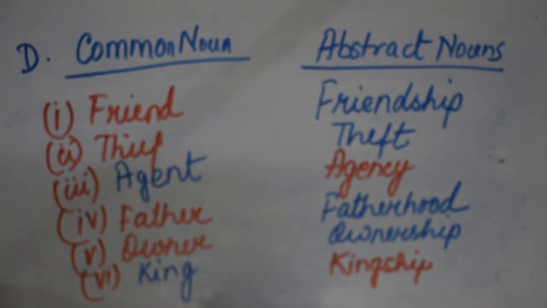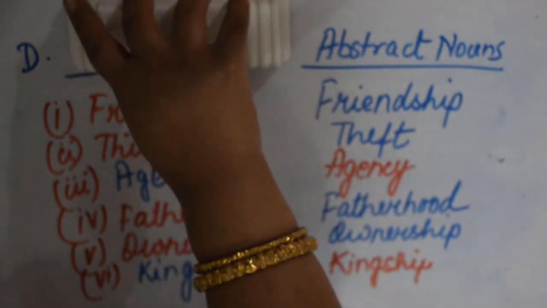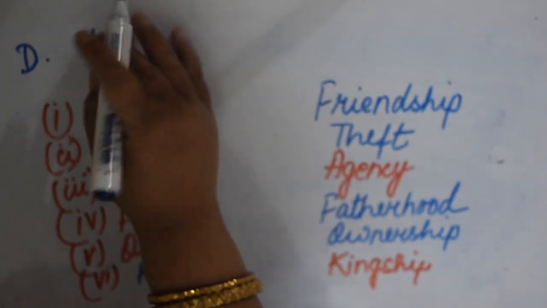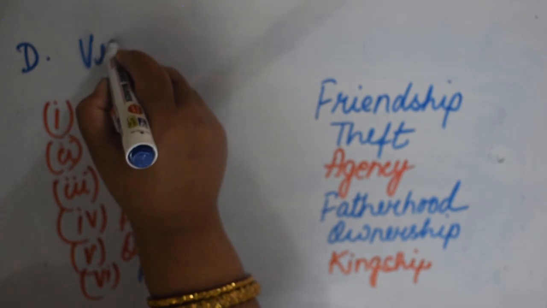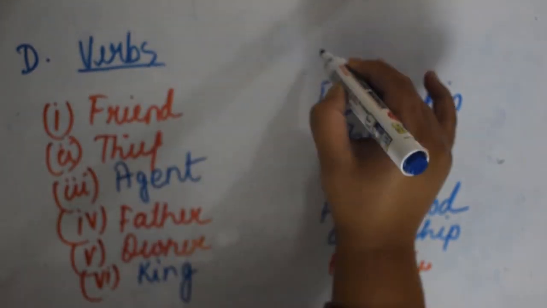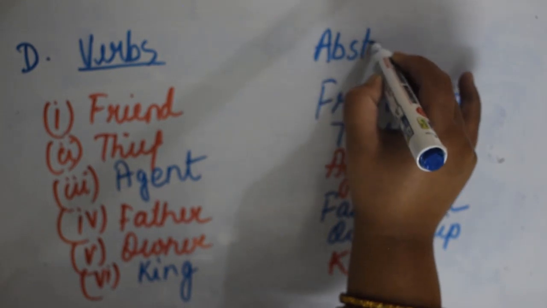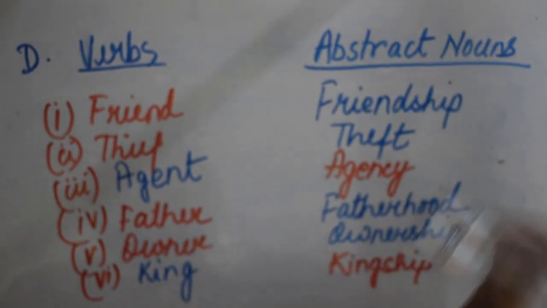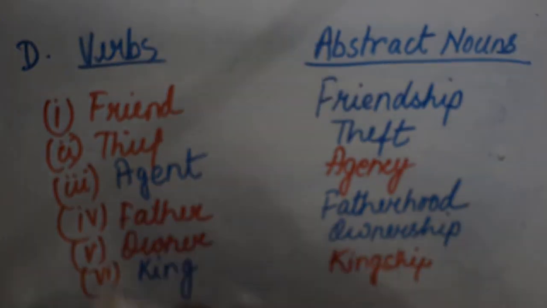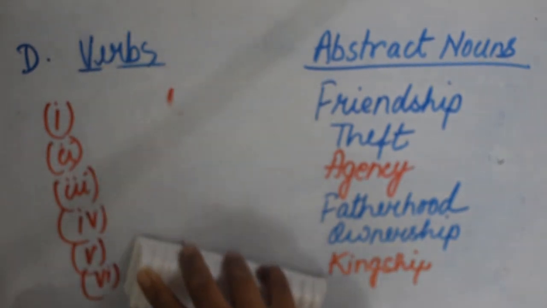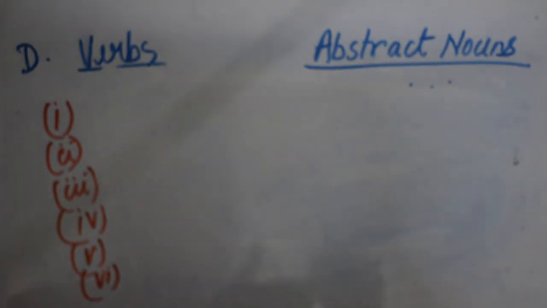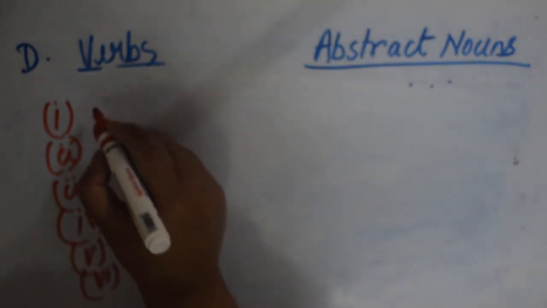Okay. The last chart was from verb to abstract noun. The first word was admit.